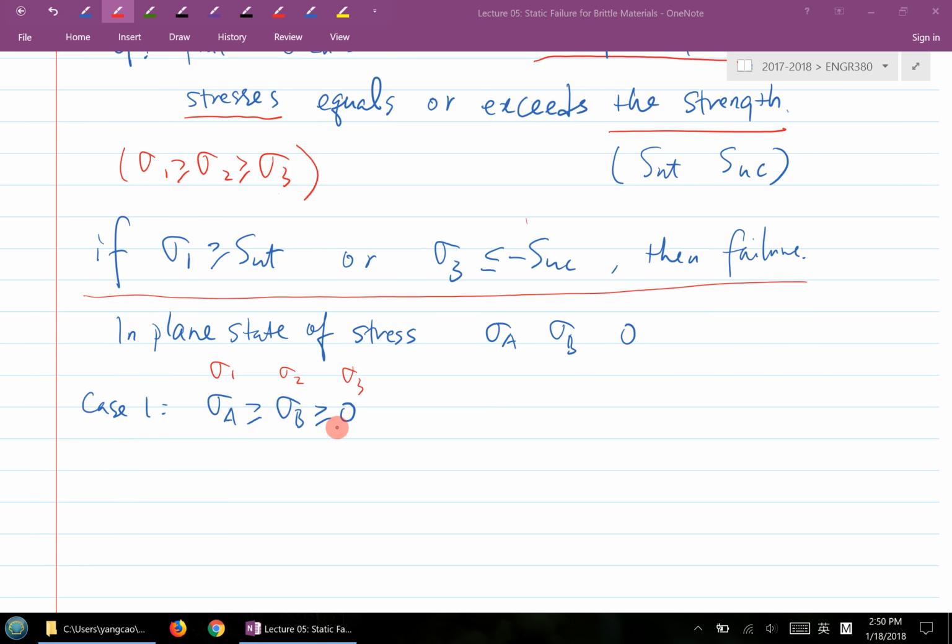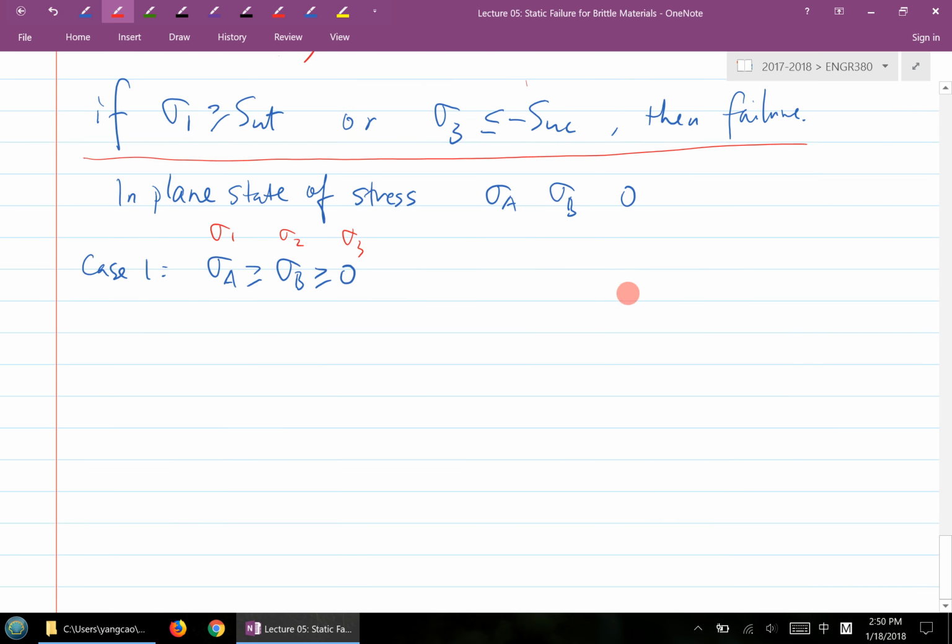Under this case number 1, if I show you the Mohr circle here, this is case 1, so that circle must be where? That circle must be on the right side of the plane, right?